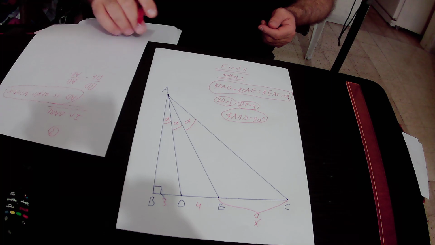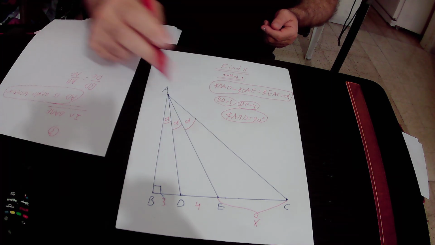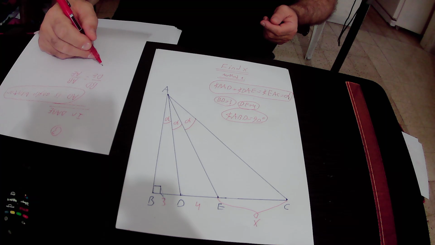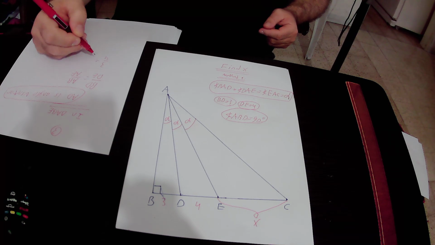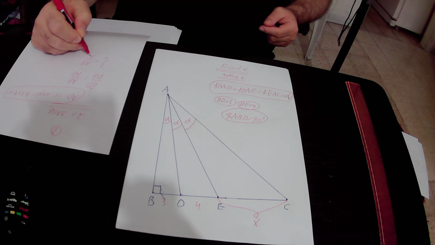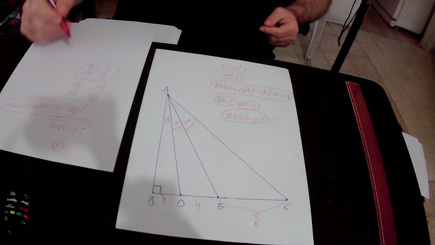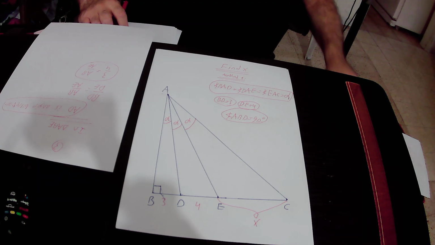But we know that BD equals 3 units and DE equals 4 units, so we can substitute BD by 3 and DE by 4. So we will get that AB over AE equals 3 over 4.